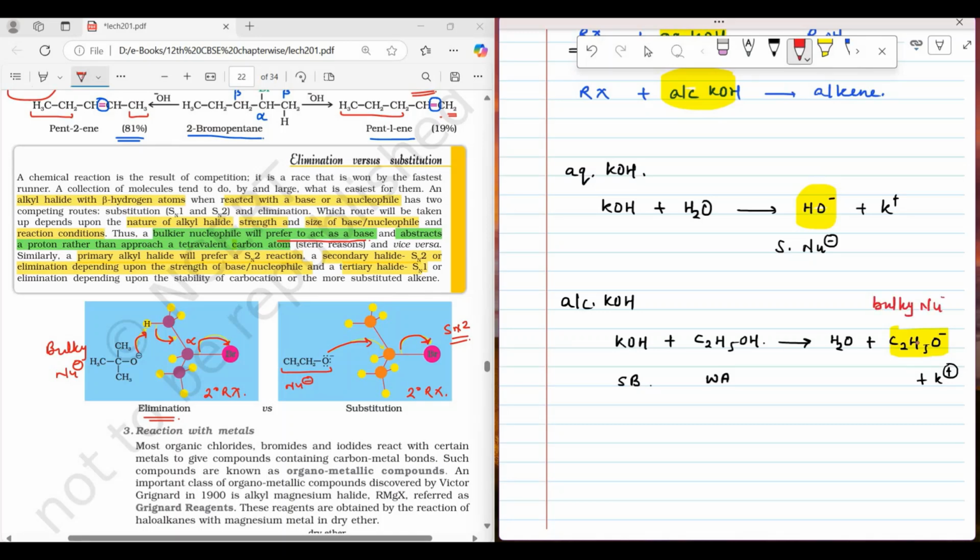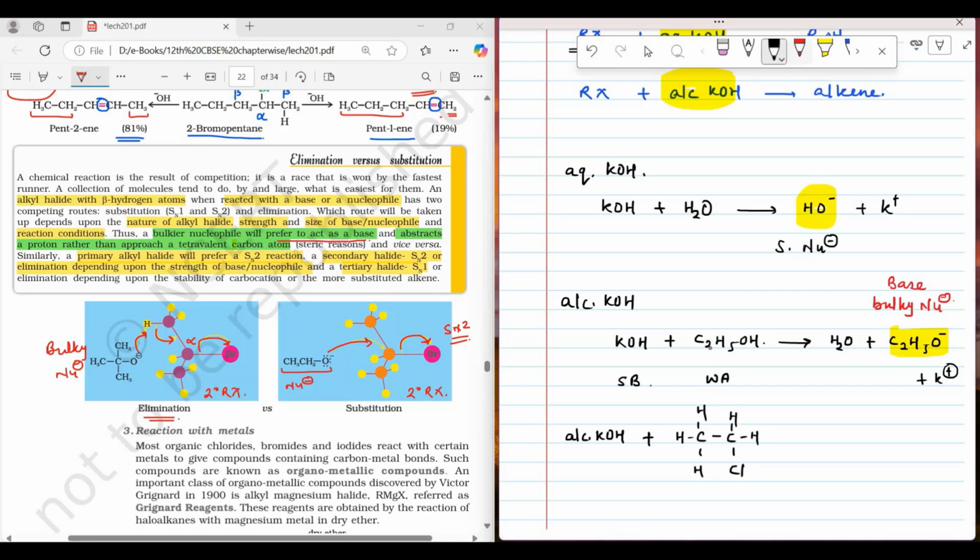This bulky nucleophile will act as a base. That's why it will abstract H plus from the molecule. As we just learned, when alcoholic KOH reacts with chloroethane, here again I am writing the same formula.